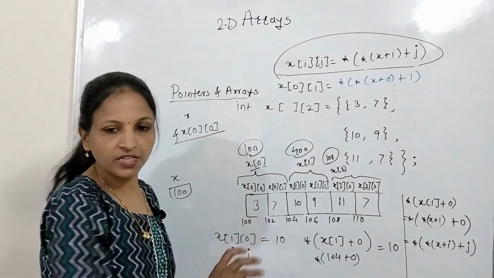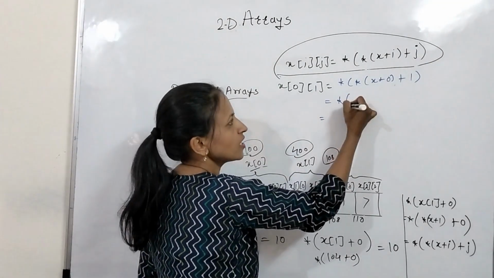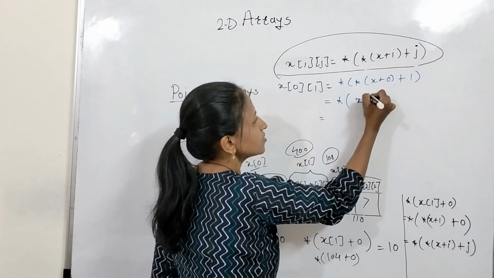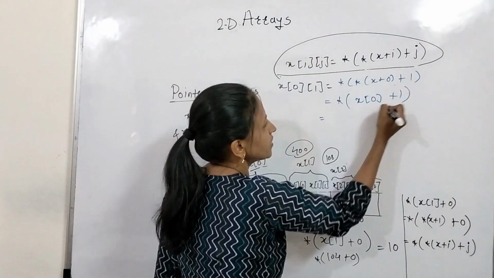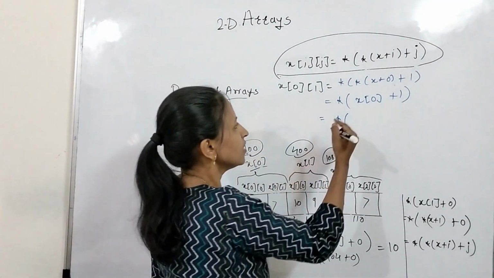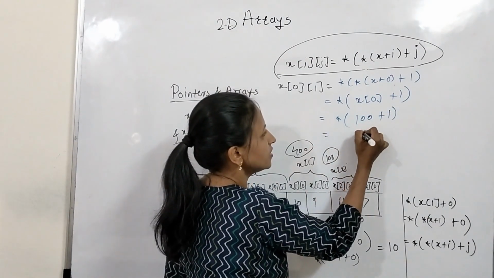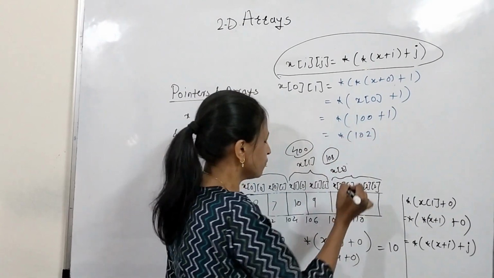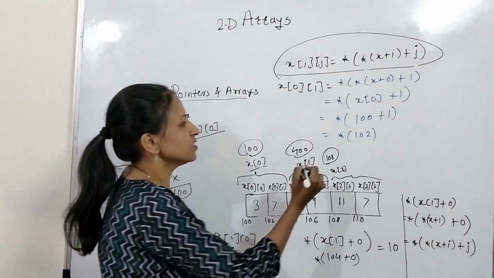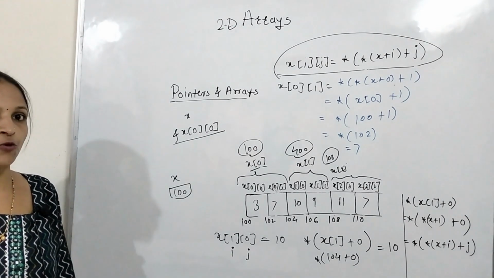See here, whatever initialization I have done. Star x plus 0 is nothing but x of 0 and plus 1. That's why star x of 0 means what? X of 0 is 100 here. 100 plus 1, that is 102, and value at 102 is nothing but 7. In this way we can get the value.